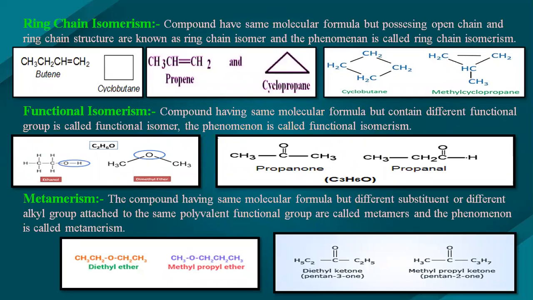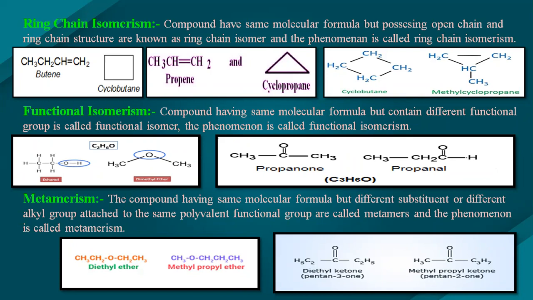Next, come to ring chain isomerism. Compounds that have the same molecular formula but possess an open chain and a closed chain, that is the ring chain structure, are known as ring chain isomers, and the phenomenon is called ring chain isomerism.